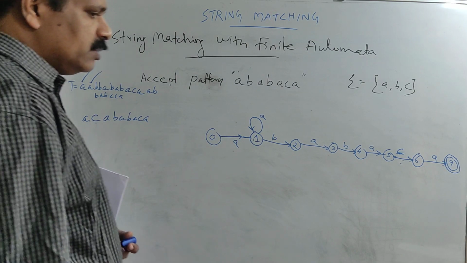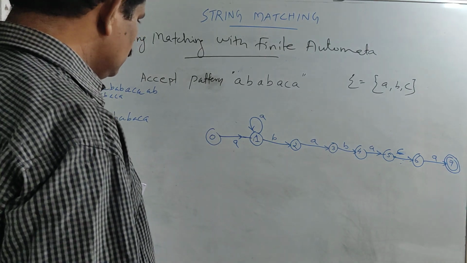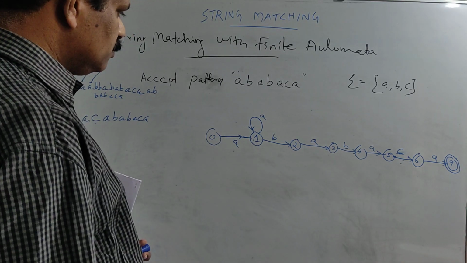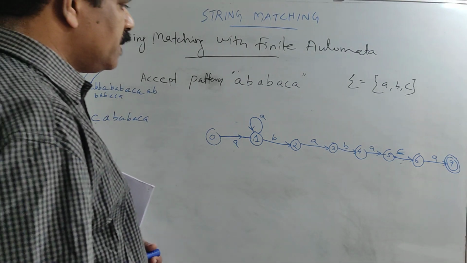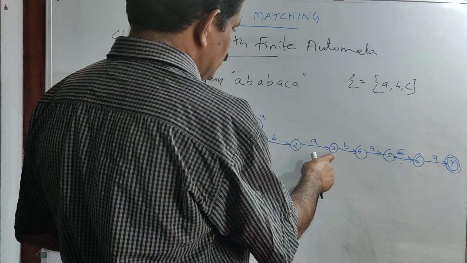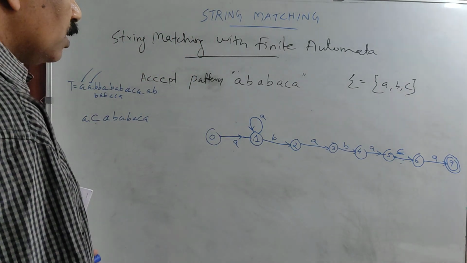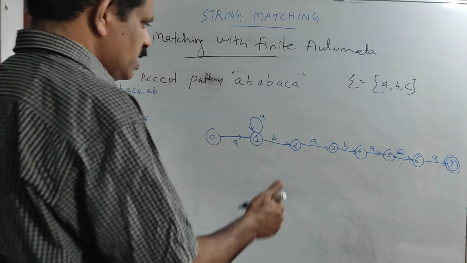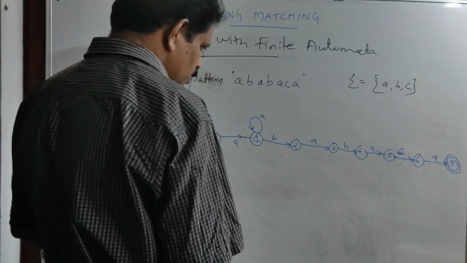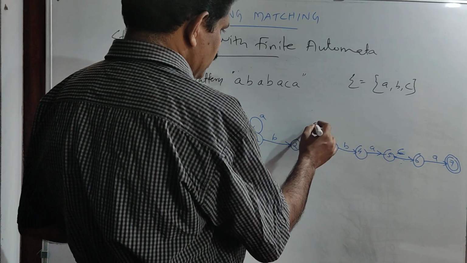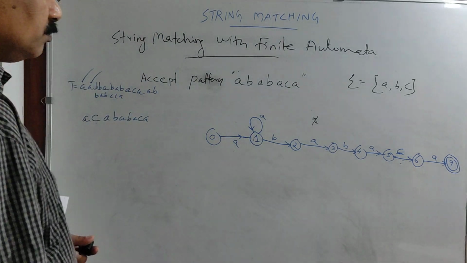Then with state 2, on receiving A, it will move to state 3. On receiving B or C, instead of A, what does it have to do?